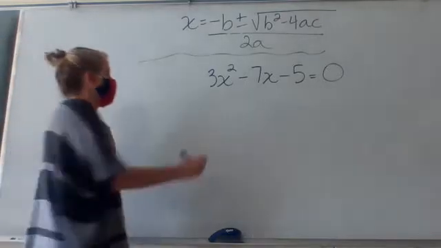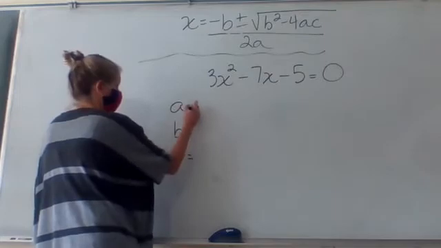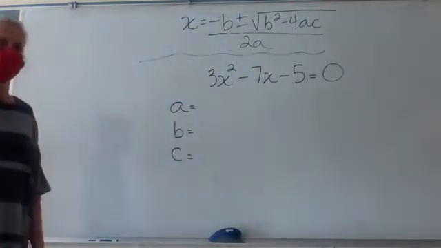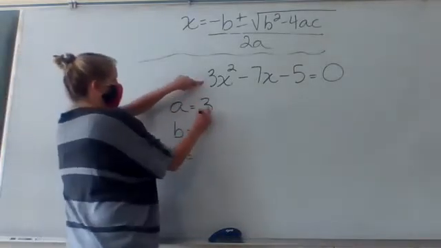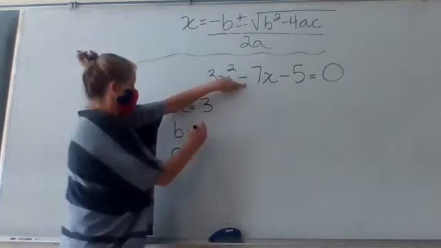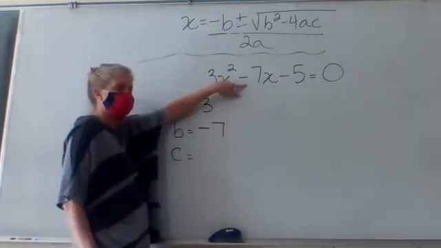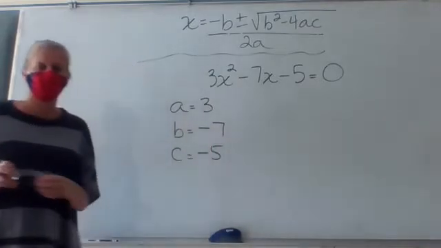So I'm going to go ahead and choose my A, B, and C. My A is in front of x squared, so it'll be a 3. My B is in front of x, so it is -7. And C is my constant, which is -5.